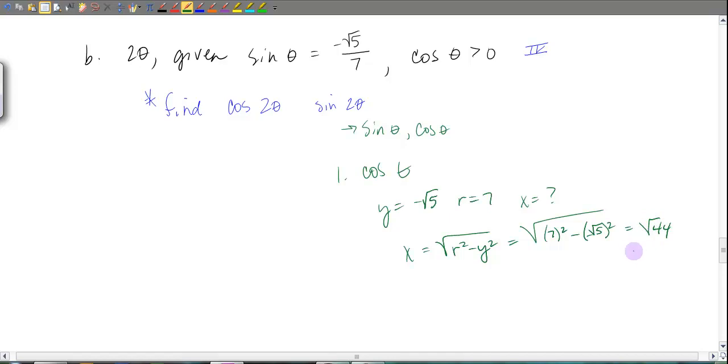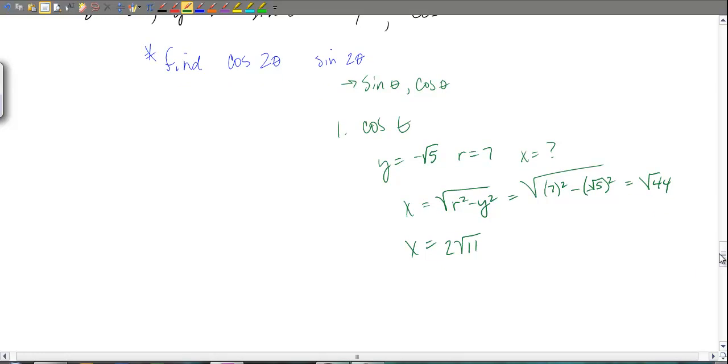And hopefully you remember that when I reduce this, that's going to be 2 square roots of 11, because I'm looking for perfect square factors of 44. And that's what I get right there.